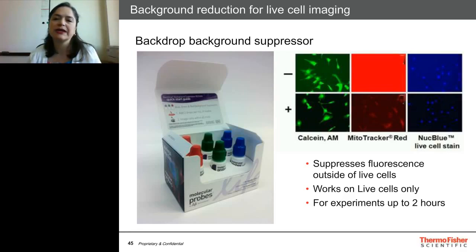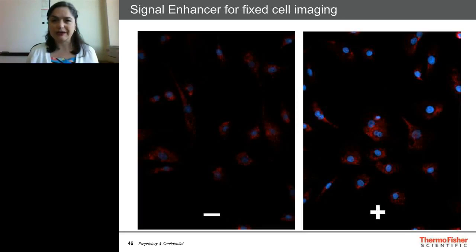And in the MitoTracker Red, when they use the red channel background suppressor, they've made it so you can actually see those healthy mitochondria being labeled. And then in the blue channel, again, you can see that it cuts way down on the background. Hopefully you can still see that the nuclei are labeled on your computer screen. So that's something that you would use for live cell imaging to reduce your background.